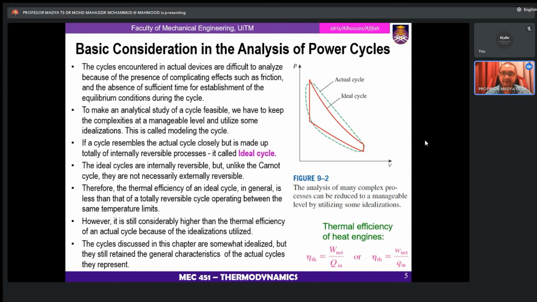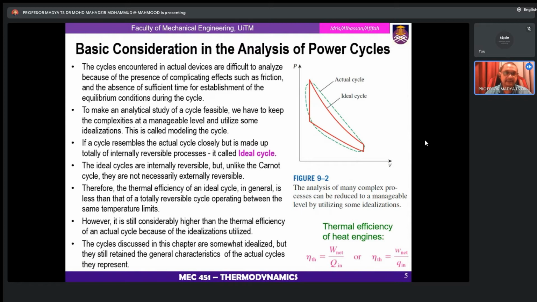Okay, not on the actual cycles, because the actual cycle is quite complex to do the analysis. So we make the considerations or assumptions based on the ideal cycles.